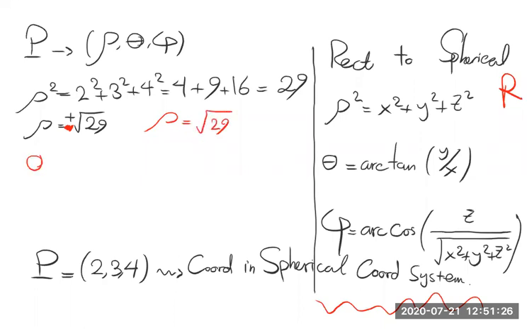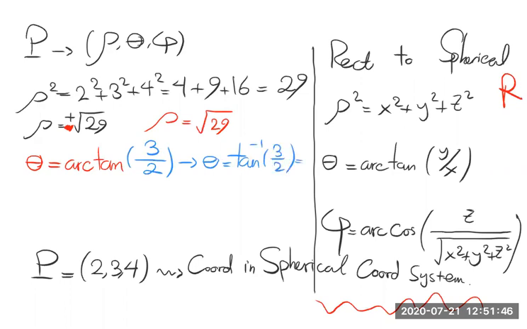What is theta? Theta is arc tangent of y over x. What is y? Okay, y is 3. What is x? It's 2. So theta is arc tangent, or tangent inverse, of 3 over 2. Can you look using a calculator?